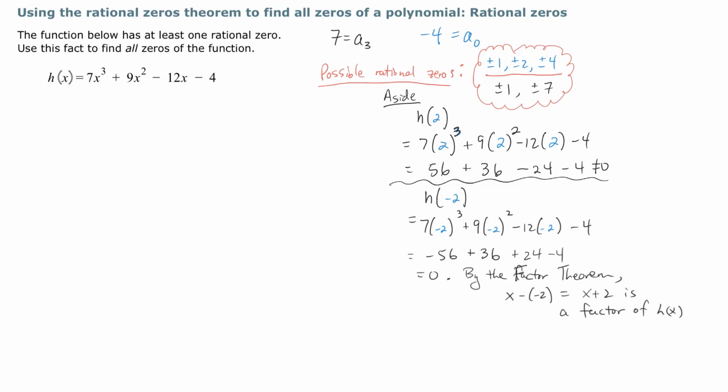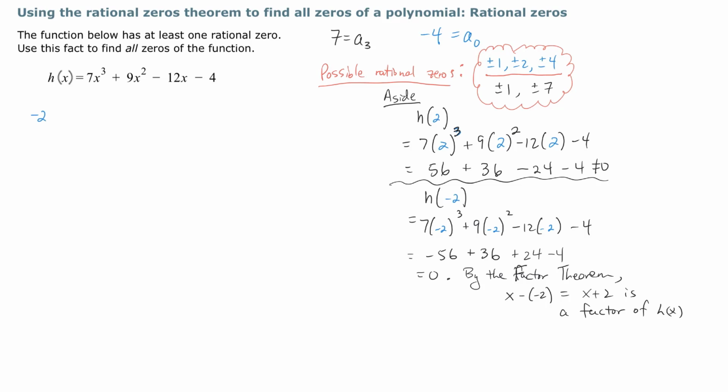That allows me to use synthetic division, because x plus 2 is a monic binomial. A monic binomial provides a shortcut called synthetic division to do the long division for h of x. We're going to divide by x plus 2 using synthetic division.